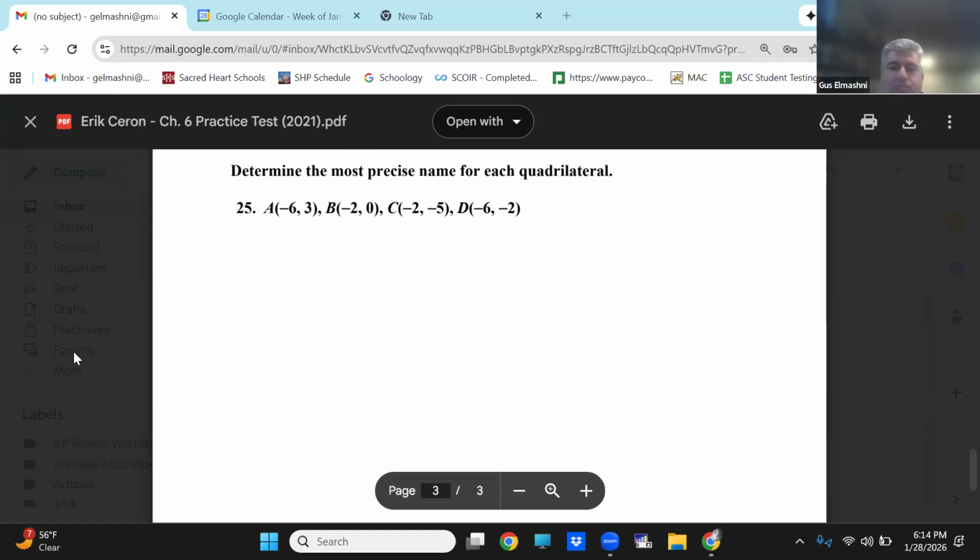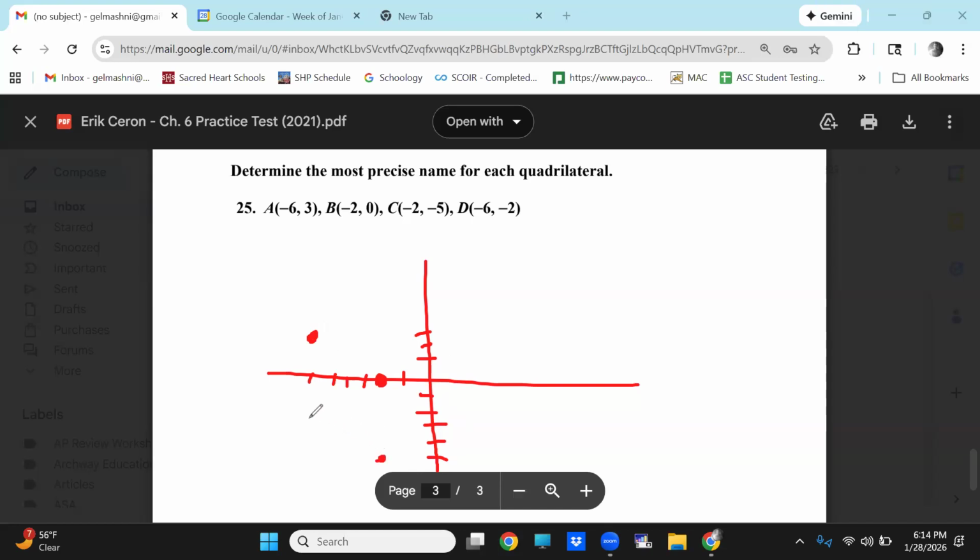How would I do this? It looks like at the very least we have a parallelogram.